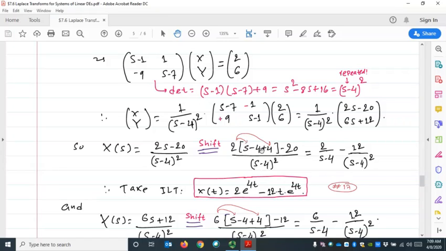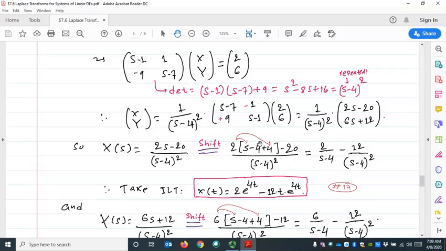Then make a group, s minus 4 as one group, 4 another group. Multiply by this 2, so 2 times s minus 4 plus 2 times 4 is 8. So in the next one, write down 2 times s minus 4 over s minus 4 squared, so cancel one s minus 4, which gives you 2 over s minus 4.